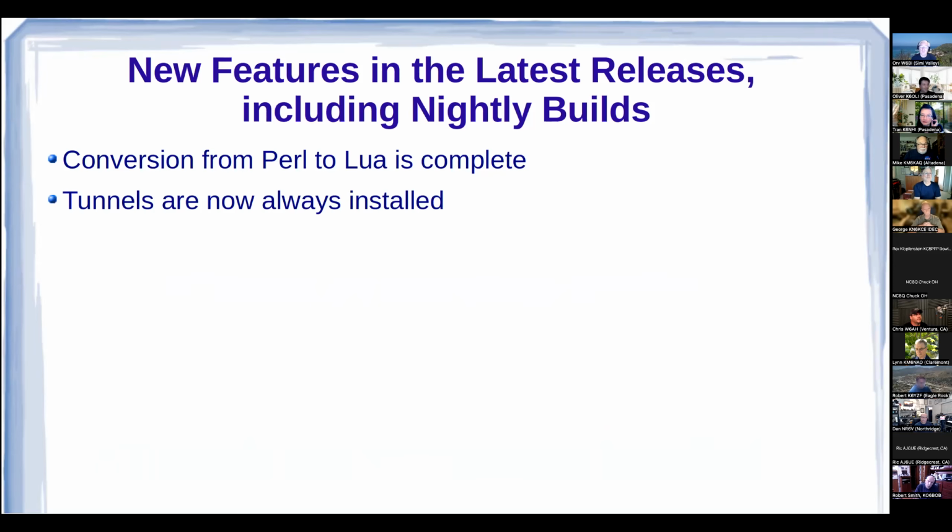Because they recovered so much space in the Flash by dumping the Perl libraries, they decided to take the opportunity to embed the tunnel client and server into the code. They're not loadable modules anymore. Now, if you're just running a tunnel client with one tunnel open, that's not such a big deal to disable the tunnel, upgrade the code, reinstall a new tunnel module, and then re-enable the tunnel.